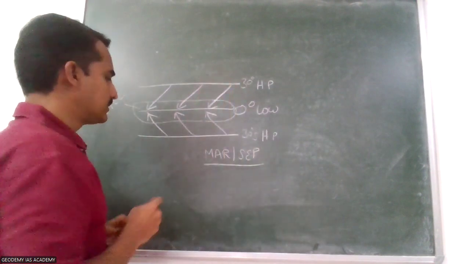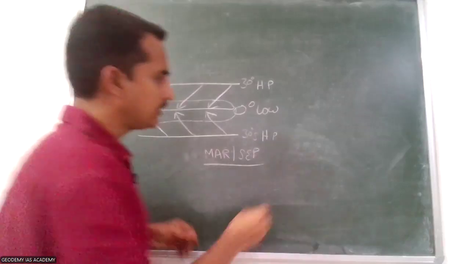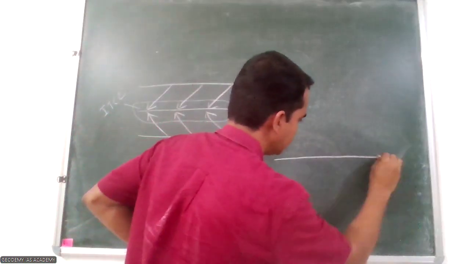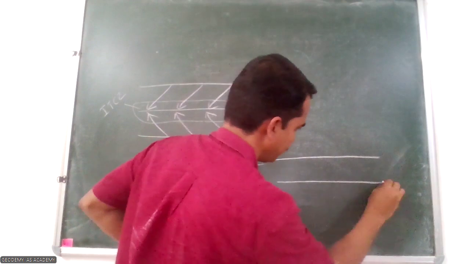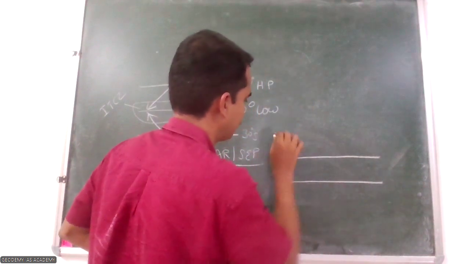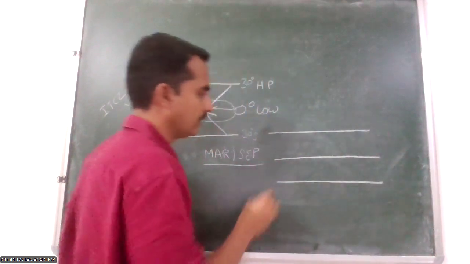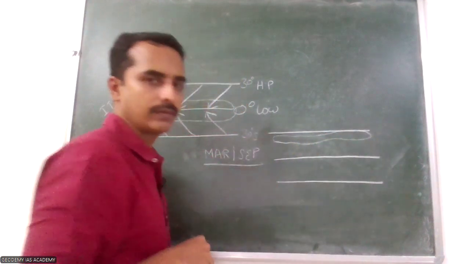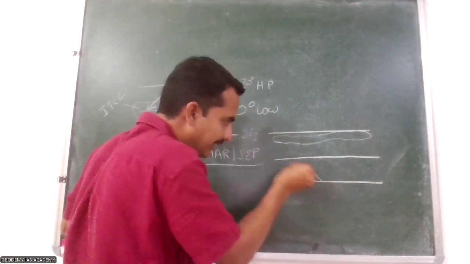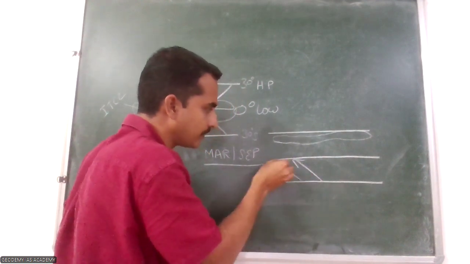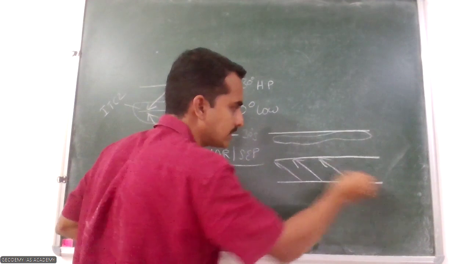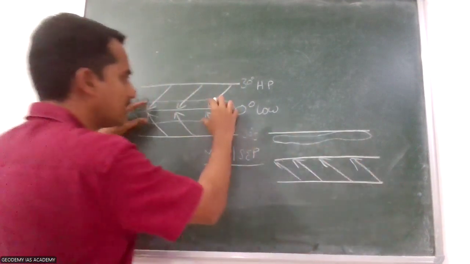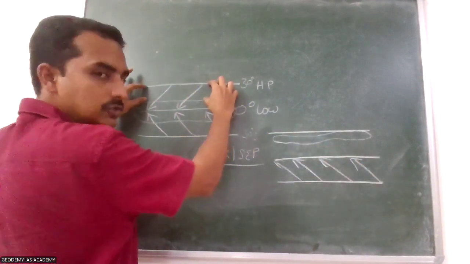Okay, now what happens? Now the wind here, just listen to this. Okay, now ITC will be almost here. So the trade wind from the south has to come towards this low pressure zone, because this low pressure zone shifts to the north in June month.